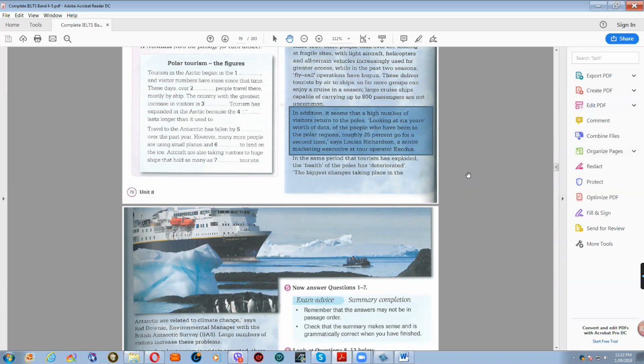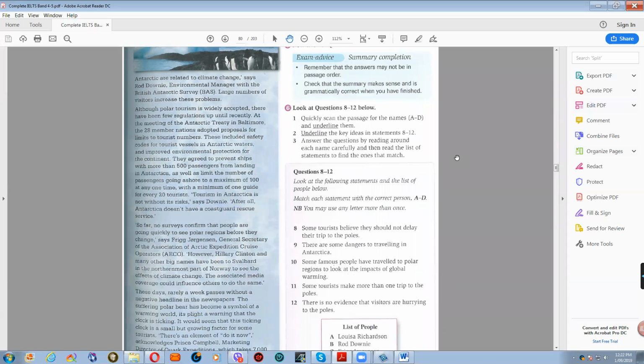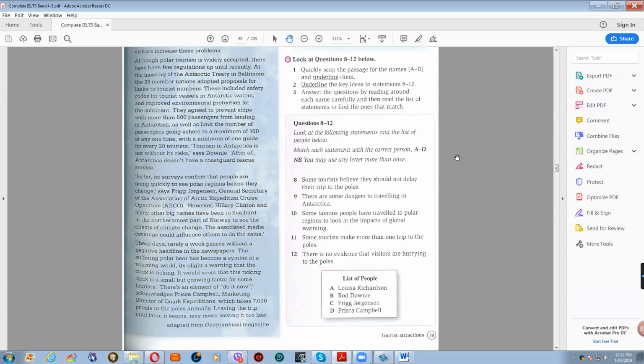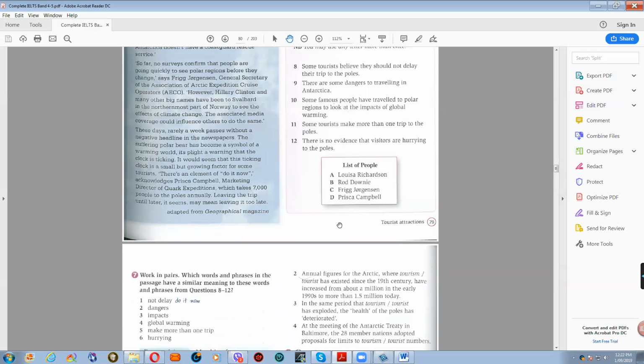Louisa Richardson. There is no evidence that visitors are hurrying to the poles. I've got one left. Fred Jorgensen.